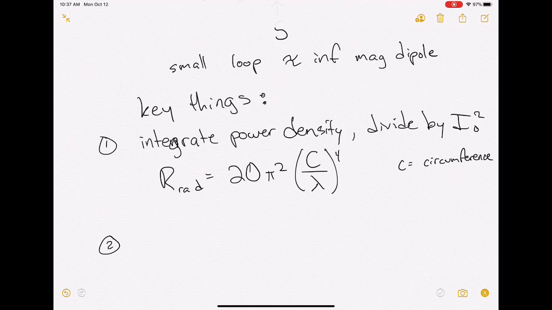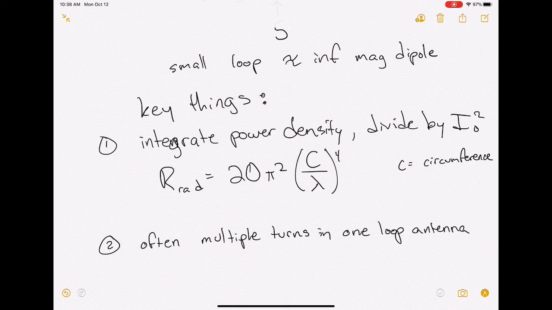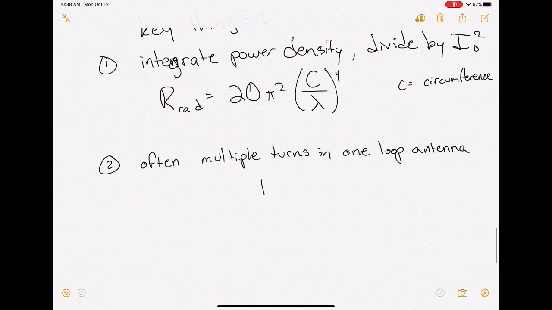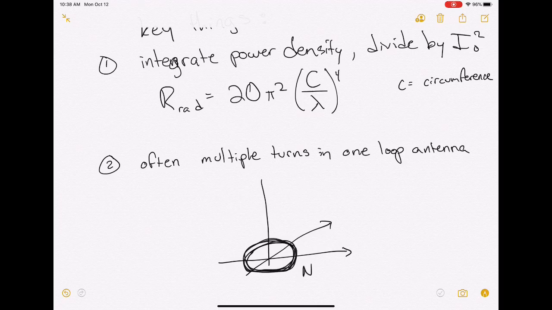Key thing number 2, often you'll use multiple turns in one loop, much like you do for an inductor. So if we had done that, the drawing at the beginning of this video might have, instead of being one circle like this, been n circles.